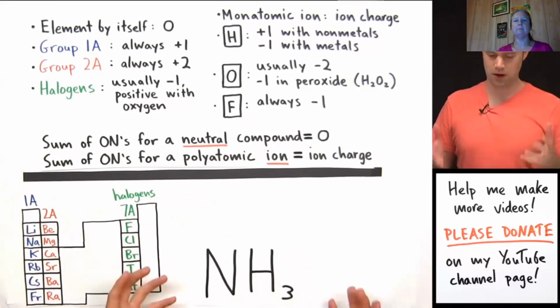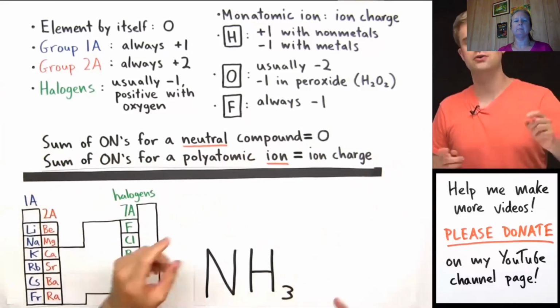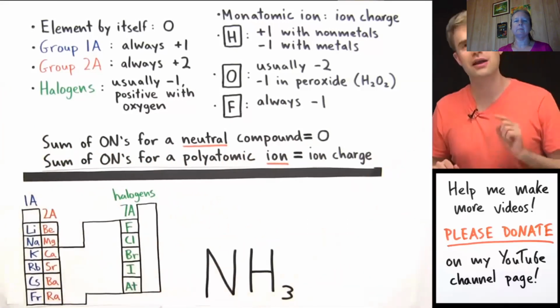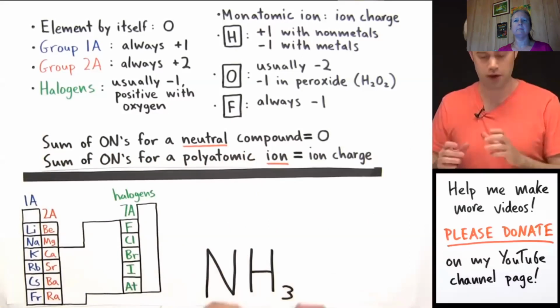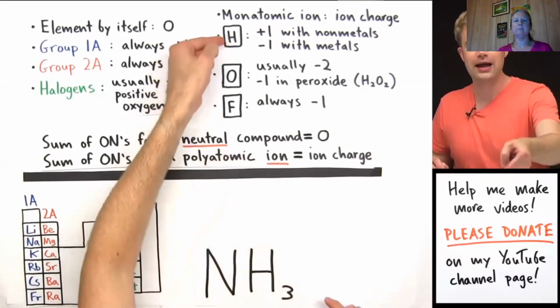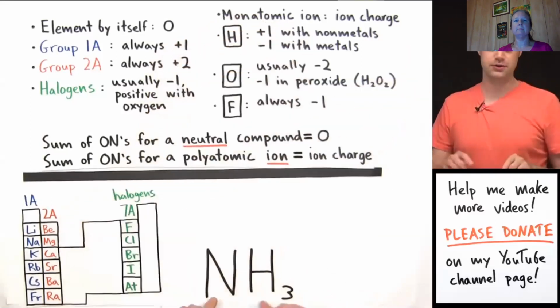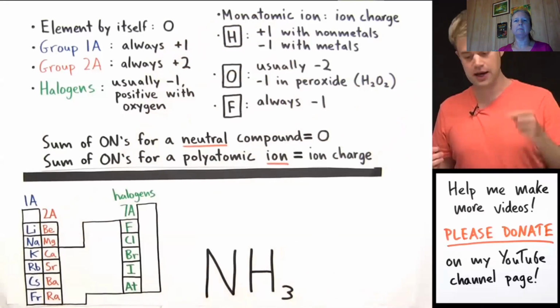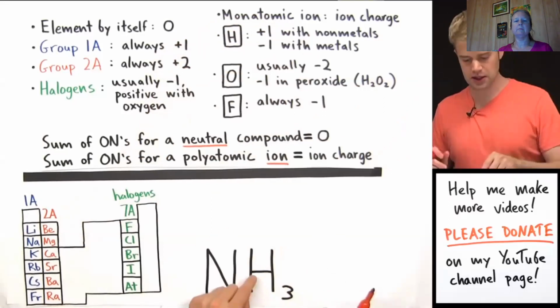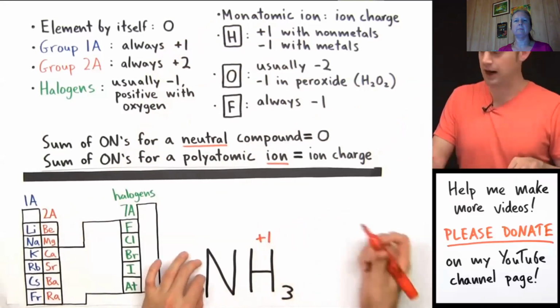NH3. Okay. N, there isn't any information about that. So just like in the last example, we'll have to figure out its oxidation number using what we do know. Here we've got hydrogen. There's a rule for hydrogen. Hydrogen is plus 1 with nonmetals and minus 1 with metals. So nitrogen is definitely a nonmetal, which means that in this case, hydrogen is going to have a +1 oxidation number.